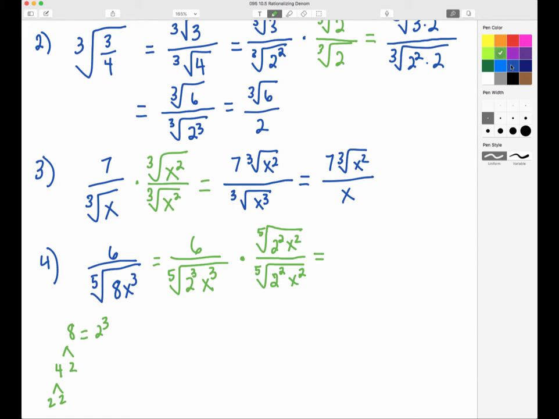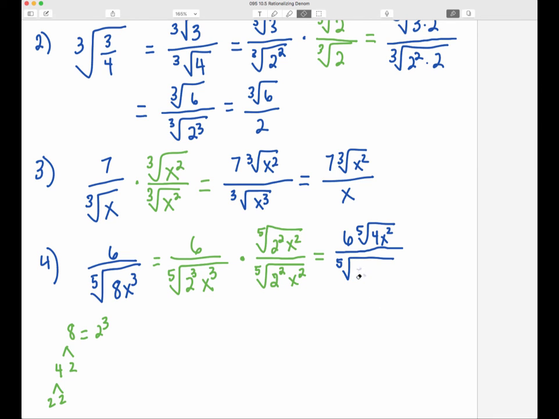All right, so let's combine all this together. 6 times the 5th root of, I'm going to say 4x squared. I'm going to go ahead and multiply those out. I know this isn't going to simplify anymore, so I might as well just write the 4. And then on this denominator, I have the 5th root of, let's put in the number first, 2 to the 5th times x to the 5th.